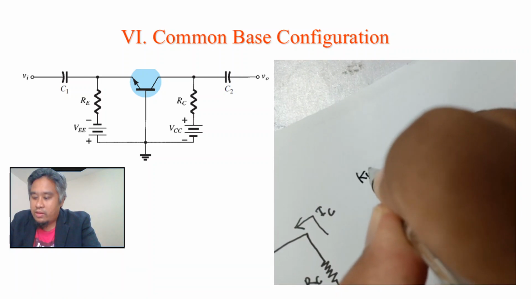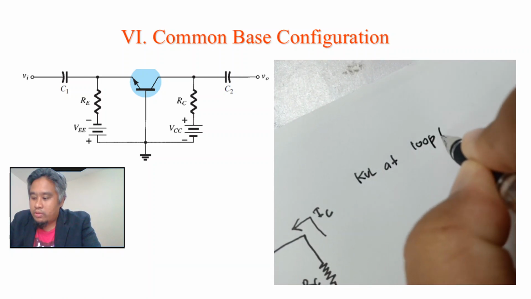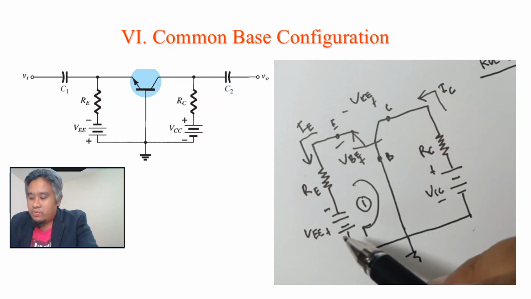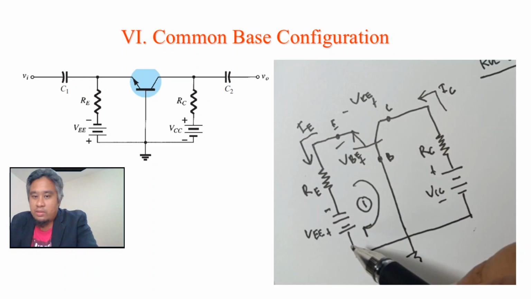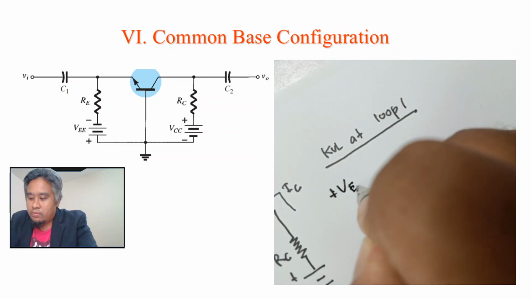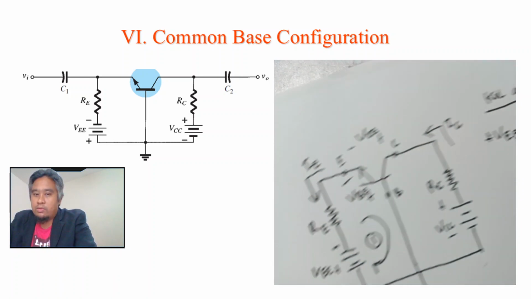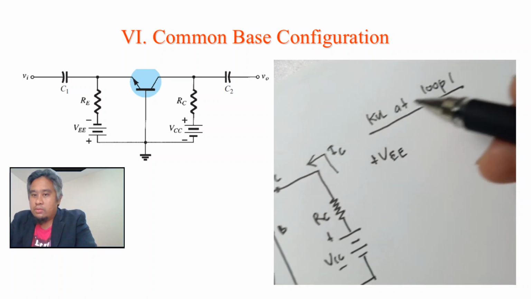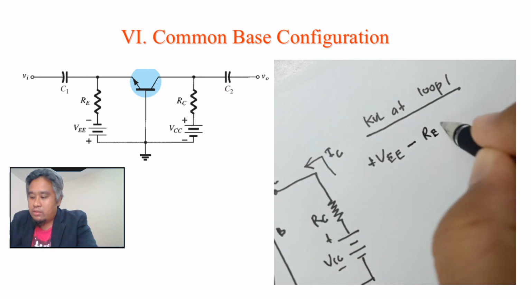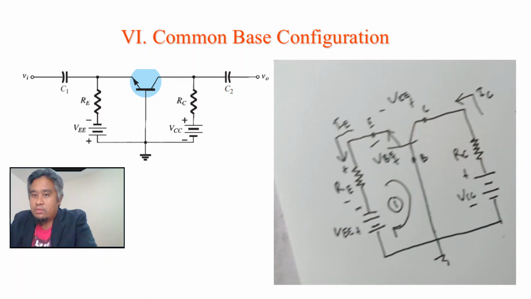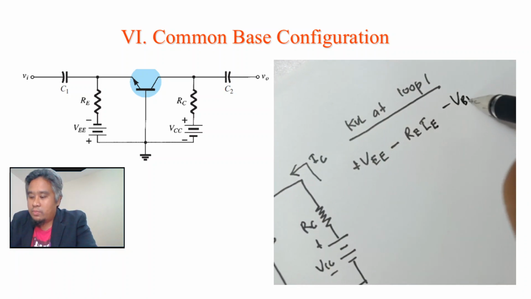Okay, we have a KVL at loop 1. Starting with VE, which is positive, we have positive VE, and then we have minus RE IE, and then minus VBE.